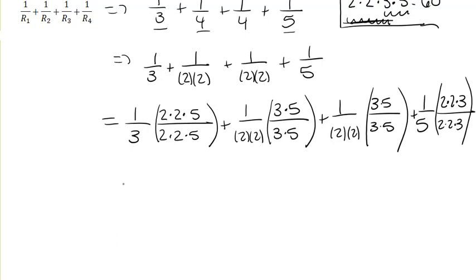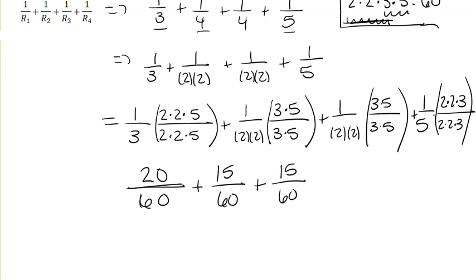On the bottom, we will always get 60, because that's what we were solving for. Now we have 2 times 2 times 5, so 2 times 2 is 4, times 5 is 20. Then plus 3 times 5 is 15 over 60, and the same again. And then plus 1 times 2 times 2 times 3, which is 12 over 60. Now we have found our common denominator, and so now we can add.